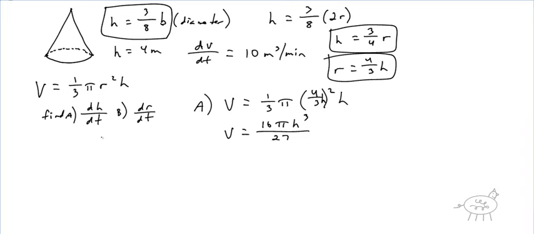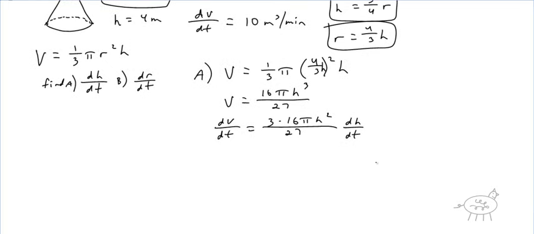I take the derivative of the left side, and that's just dv dt. And I take the derivative of the other side, and that's going to be 3, right? Derivative of h cubed is 3, and that's 16 pi, and then h squared over 27, and then, of course, dh dt. Let's kind of move down here a little bit so I can fit everything in. Let's plug everything in. dv dt is 10, is equal to, I can cancel a few things out here, it's a 1 and a 9.